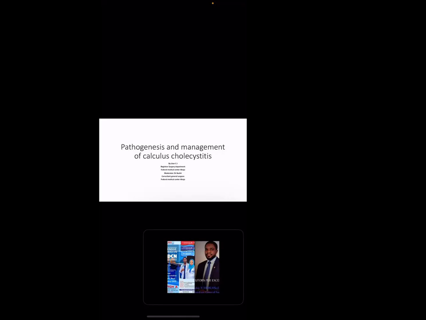So these triads consist of fever from the sepsis that results from the stasis in the common bile duct, the jaundice, as well as the pain in the right hypochondrium from ascension of the infection to involve the liver, is termed Charcot's triad, and that signifies ascending cholangitis. So what is Reynolds pentad?